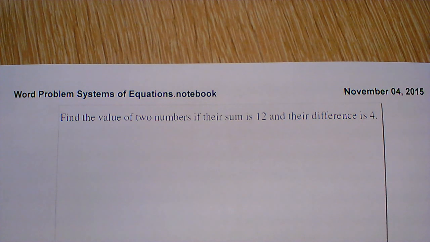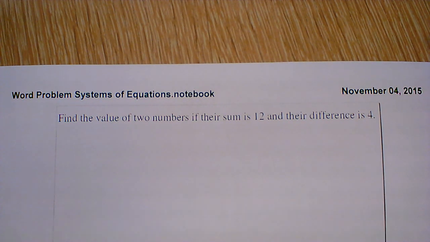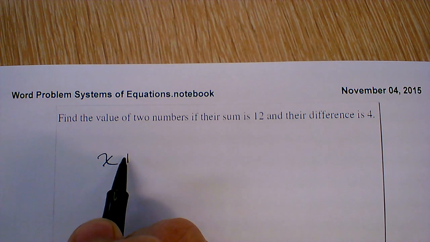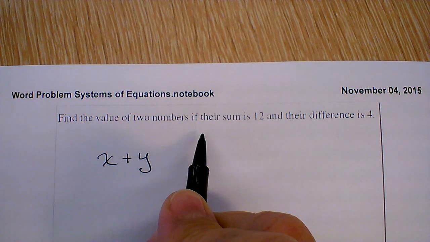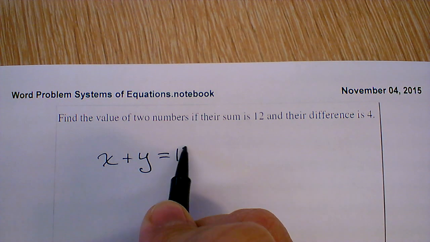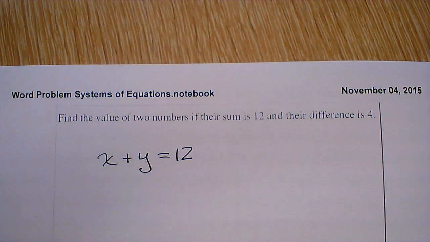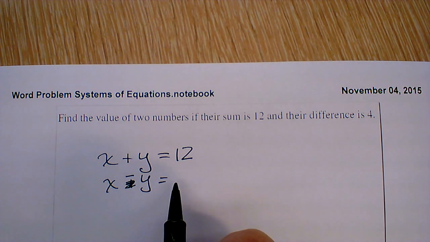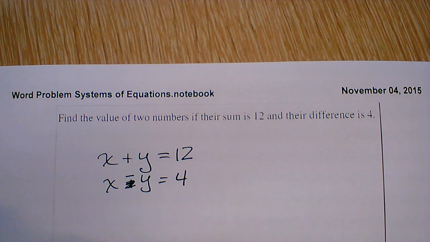All right, so we decided here we're going to use x and y for our 2 numbers. So in this case, we're going to say x plus y, the sum, the value of 2 numbers, their sum is 12, and their difference is 4. So it's the same x minus y is equal to 4.